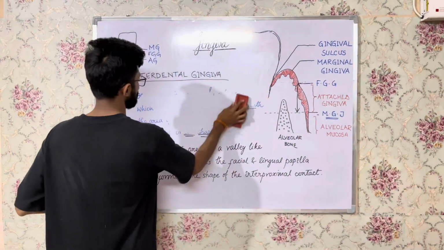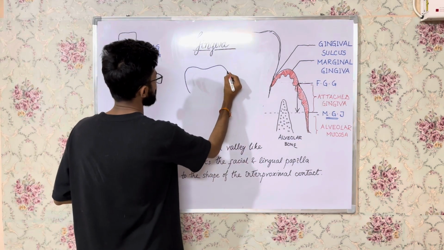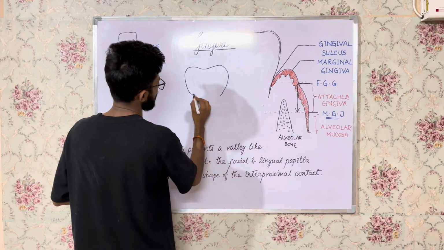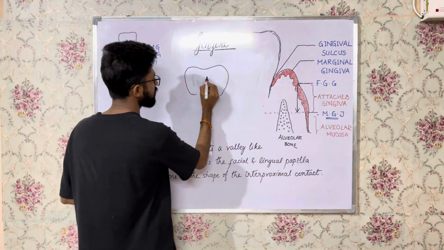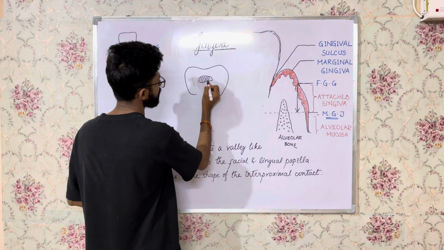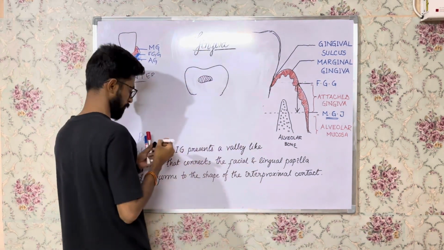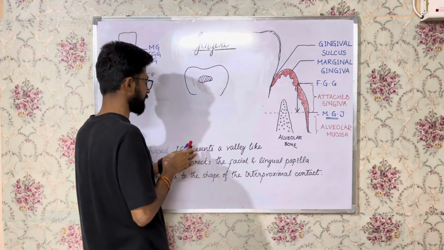See this diagram. Suppose this is one tooth from the mesial or distal aspect. Then there is another tooth above it. Imagine this is the contact point between this tooth and the tooth above it. So what will be the shape of the col shaped interdental gingiva?